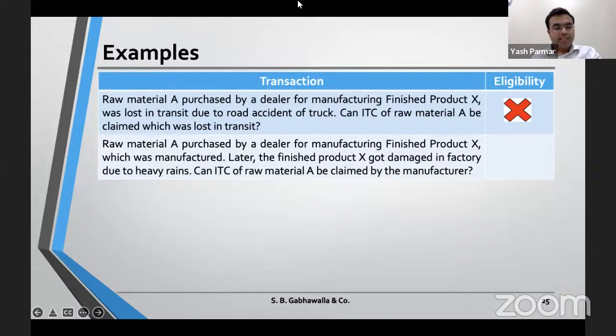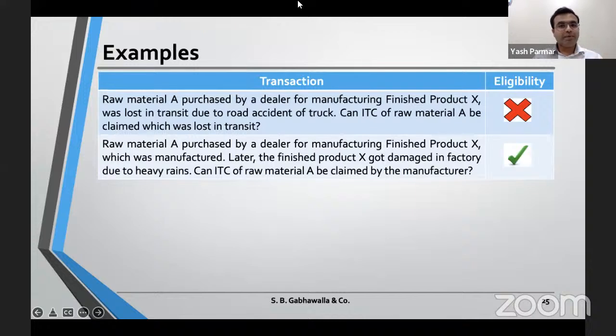So the question is, the ITC which I have availed at the time of purchase of raw material A, am I required to reverse that ITC because I have already used it? The answer is no. Because if you refer to the clause, it says goods lost. Now, what do you mean by goods lost? Goods lost as such. In the first example, raw material A was destroyed as such, before it was put in the process, it got lost in transit, and therefore ITC was not available.